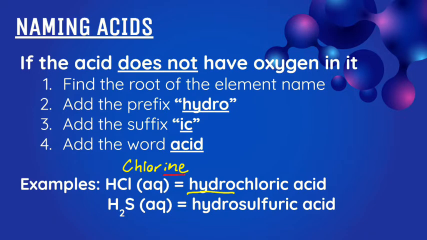So this INE is going to change to IC, so we get chloric. So hydrochloric, and then adding that word acid at the end. So that is how we name an acid that does not have oxygen in it.